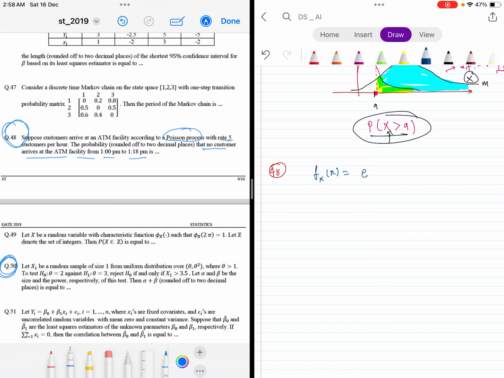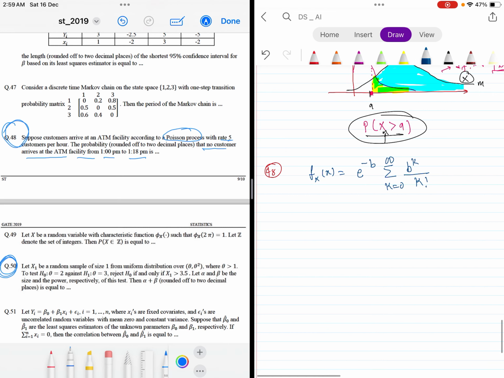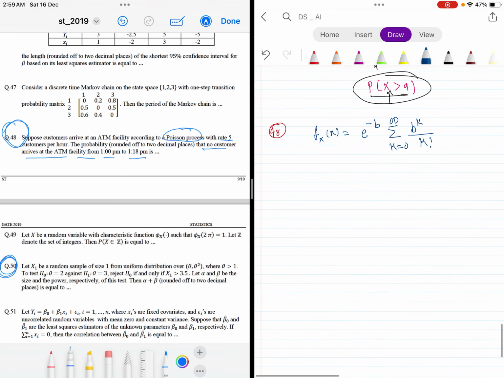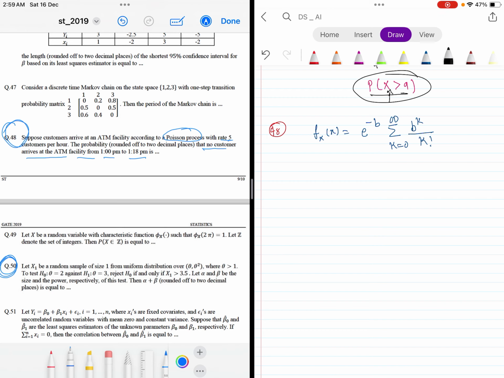It is e to the power minus b, summation from k equals 0 to infinity, b to the power k divided by k factorial. Now let me tell you what is what here. This b is lambda times t.